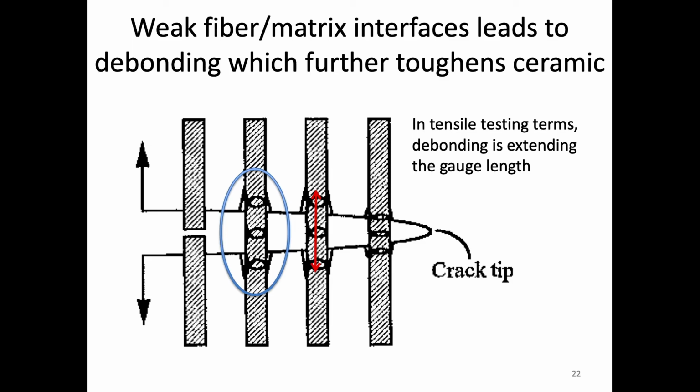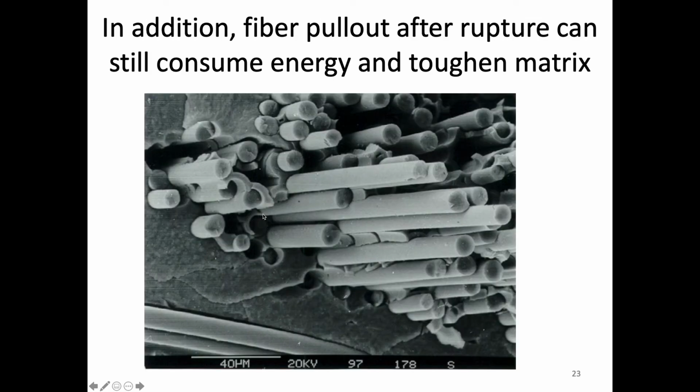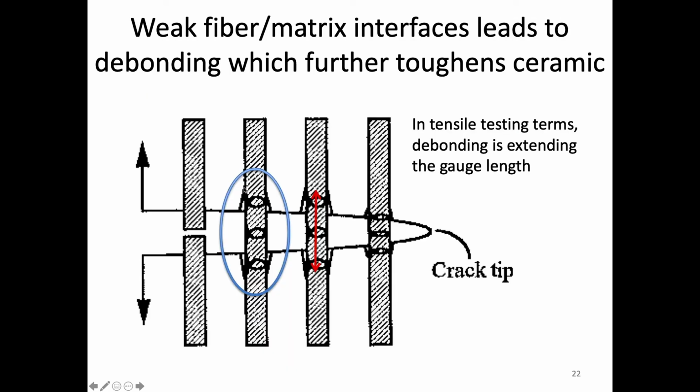But if we think about it from a tensile test point of view, that does make sense. So let's take the case here where we have debonded. So then the part that's in the grip is extended. So basically the part that's being gripped or held by the matrix extends up here and down here instead of all the way to the crack tip.